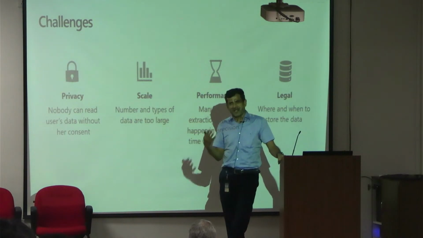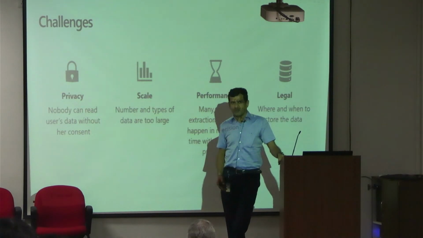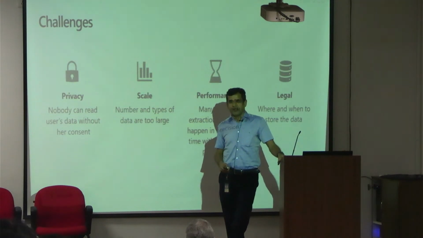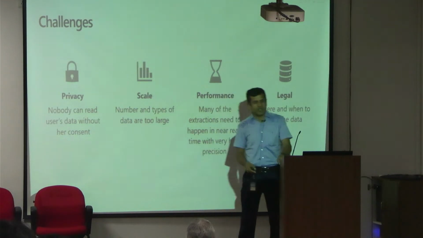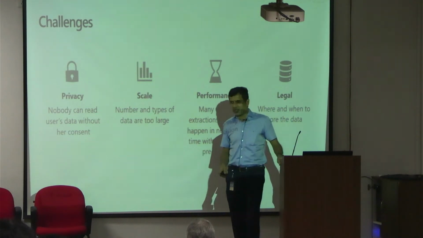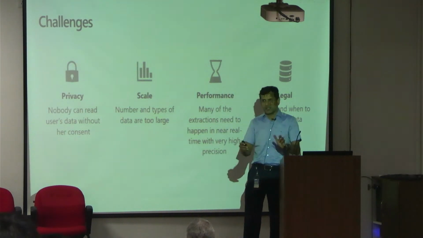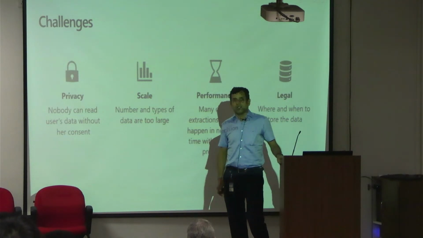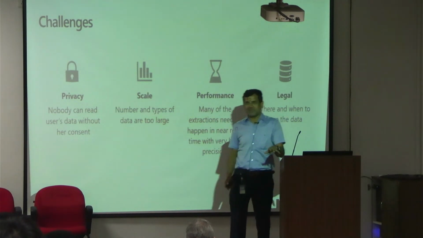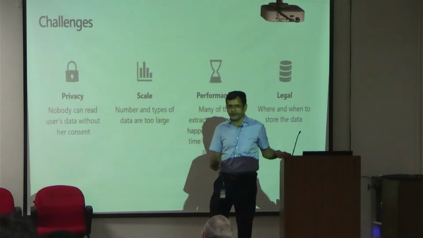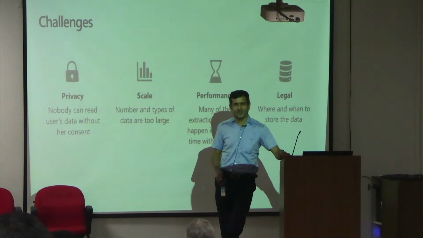Language models by definition take multiple seconds to return a result. Now if you want to do multiple queries to satisfy one user need, then we have to be performant. And of course legal, right? Where do you store the data, and governments get involved and all, right? Is the problem statement clear? Then we will go into detail of the solution.